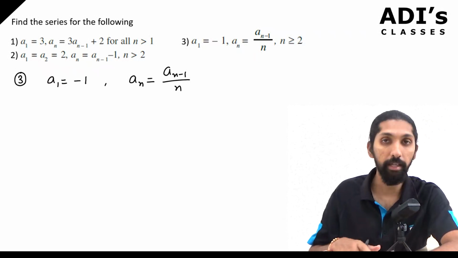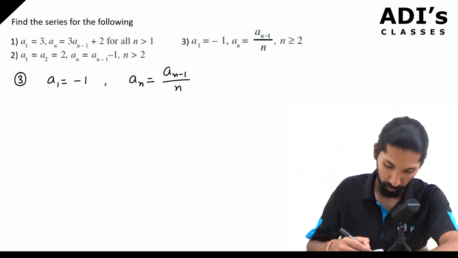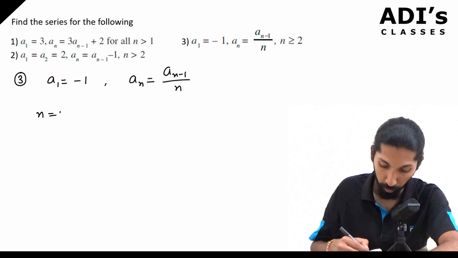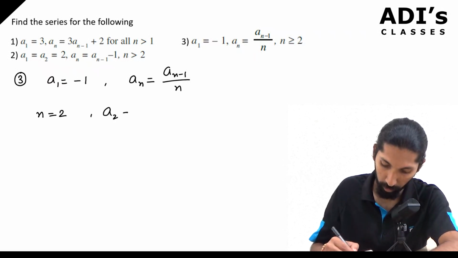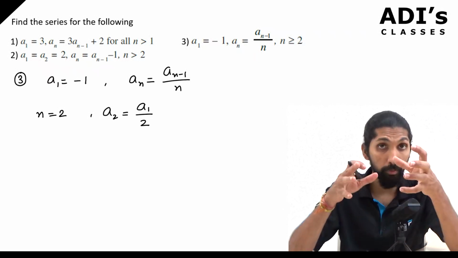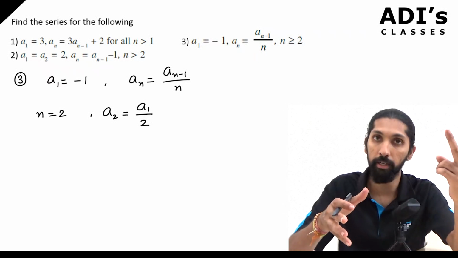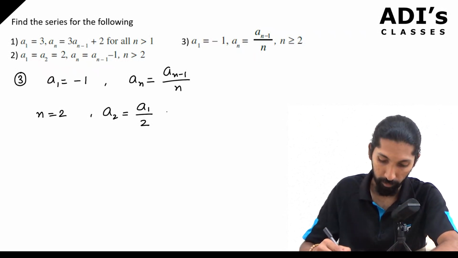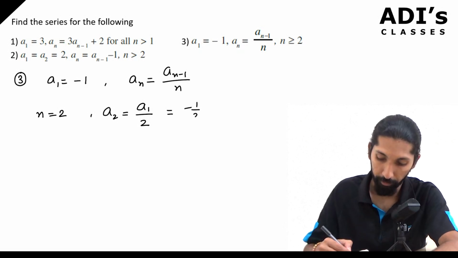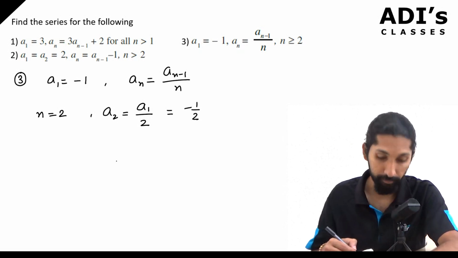Now, we'll start by taking n is equal to 2. Then a2 is equal to a1 divided by 2, correct? Because wherever you have n, you're putting it as 2, isn't it? Now, what is a1? Minus 1. So minus 1 by 2, right?